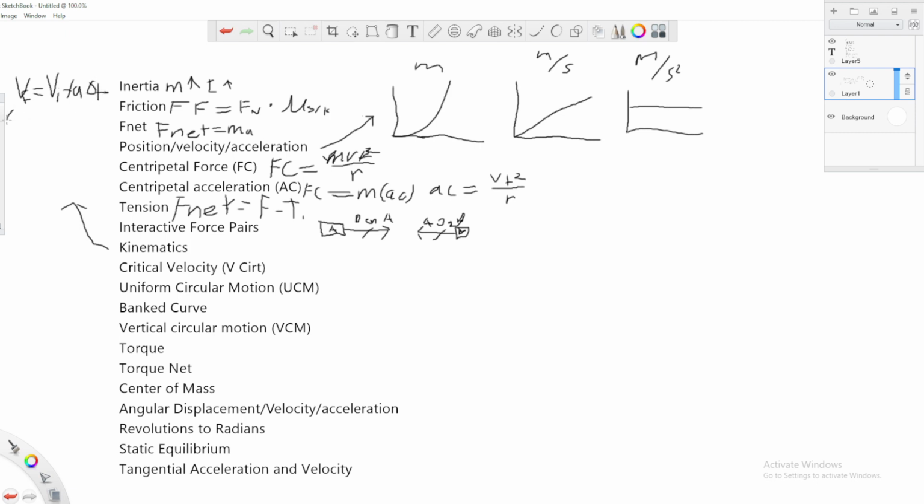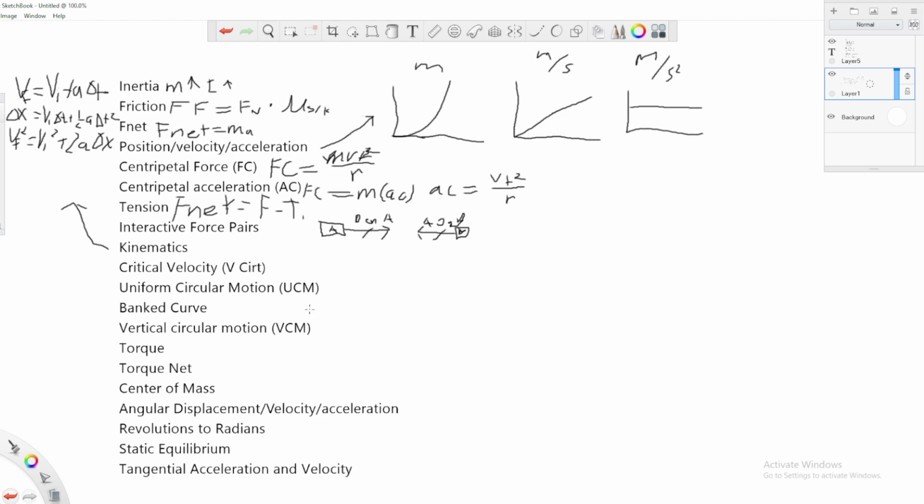Your second equation is the magnitude of x, or the change in x, is equal to v initial times time plus 1/2 acceleration times time squared. And then your final one is the velocity final squared is equal to velocity initial squared plus 2a change in x.